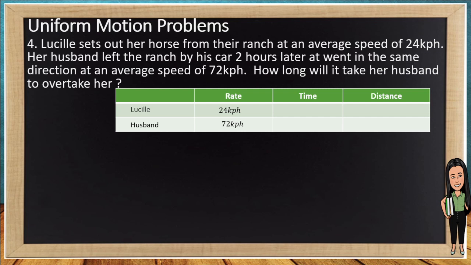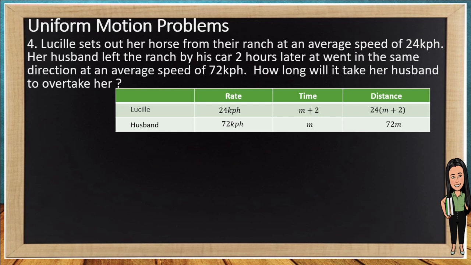Okay, so, yung time ni husband, represent natin using a variable, let's use M, and then, yung time ni Lucille will be M plus 2. Kasi nga, nauna siyang umalis ng 2 hours before her husband. So, M plus 2. And then, to get the distance, multiply lang. How long will it take her husband to overtake her?